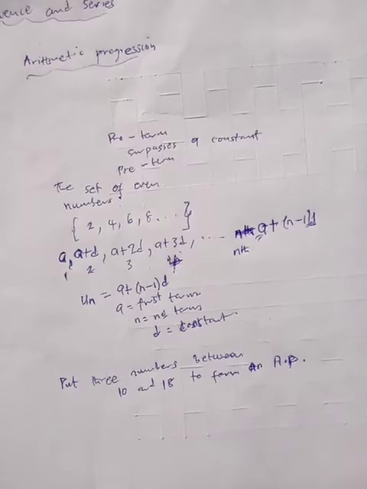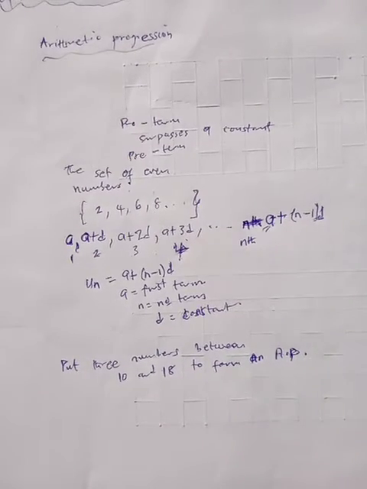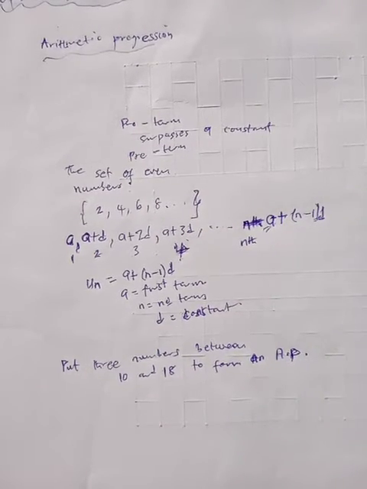So guys, how do we solve this? Put three numbers between 10 and 18 to form an AP.